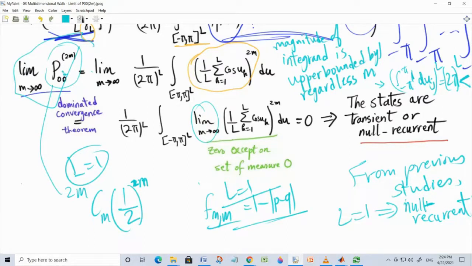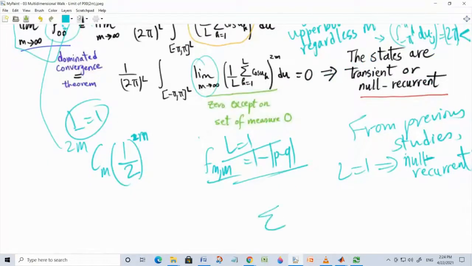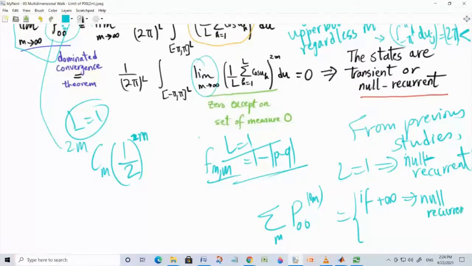We need to do the summation of this. If it is plus infinity, then the states are recurrent, and if finite, then transient. So the challenge now is to decide. We do not need to compute it exactly. What we need to know is whether it is some finite number or it is plus infinity.